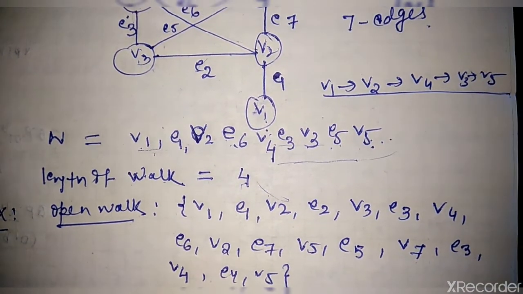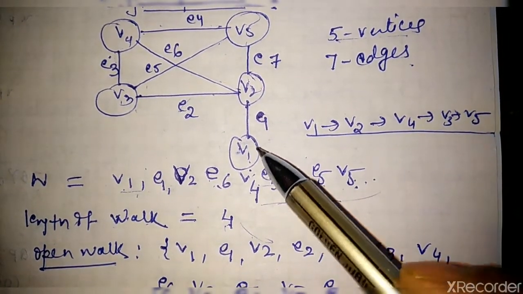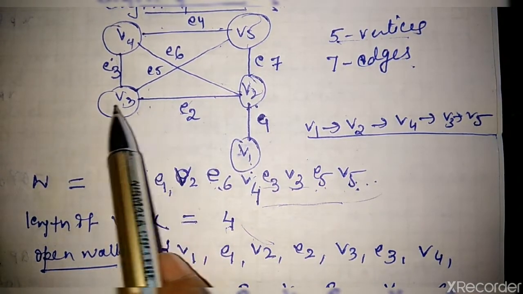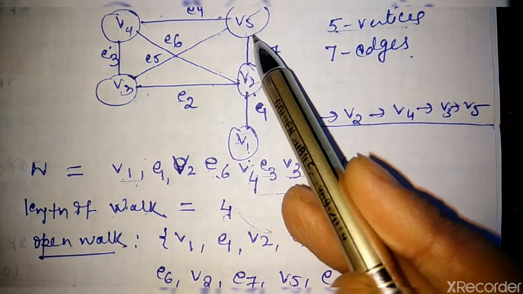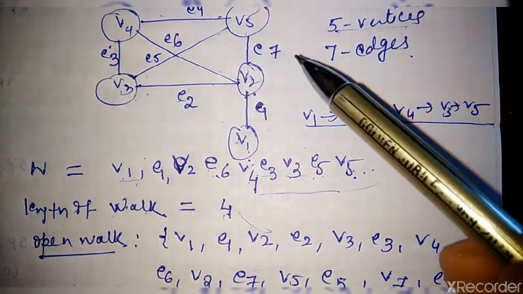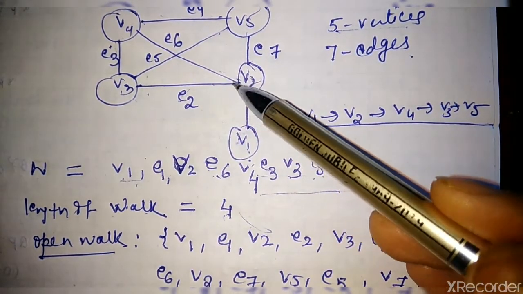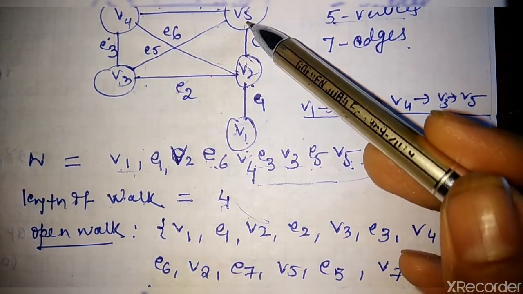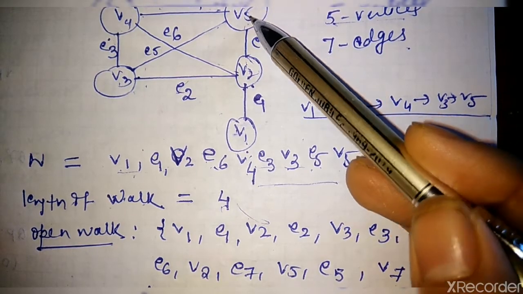What you see here is first we start with V1, then E1, then V2, then E2, then V3, then E3, then E4, then after V4 we have E6, and E6 takes us to V2. Now V2 to E7, E7 to V5, V5 to E5.